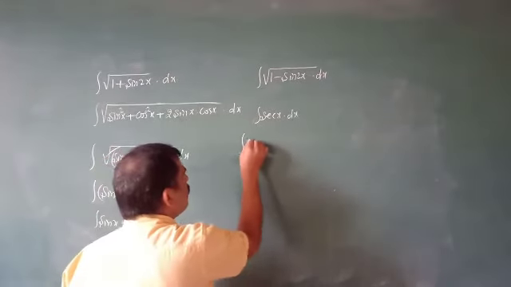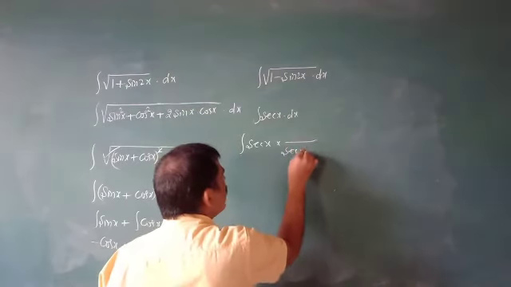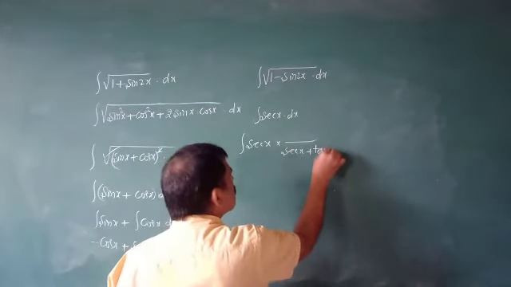So to integrate secant x, multiply and divide by secant x plus tan x.